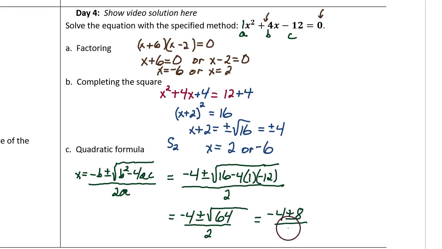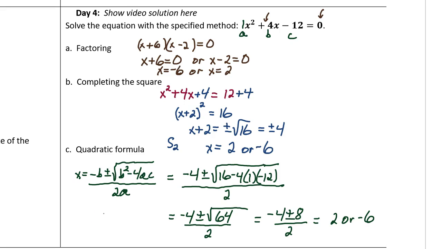And again, this is still all over 2. Negative 4 plus 8 is 4, and 4 divided by 2 makes 2. Negative 4 subtract 8 is negative 12, and negative 12 divided by 2 is negative 6. So, no surprise, we got the same 2 answers as we did with our other 2 methods.